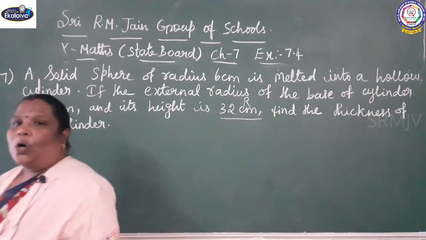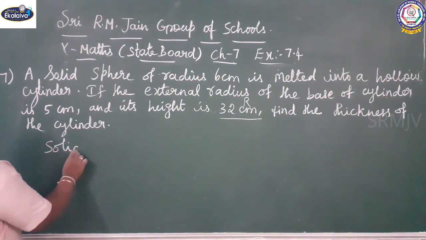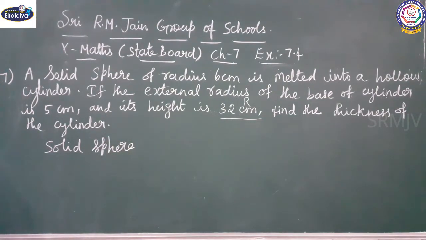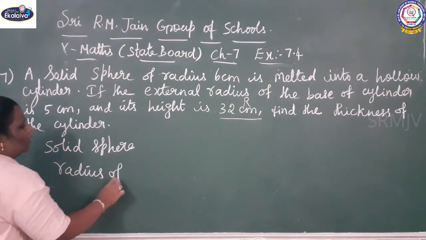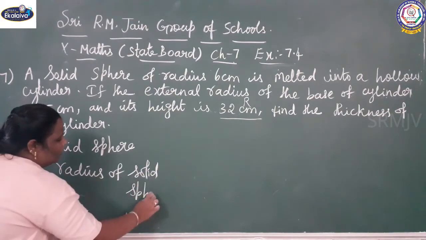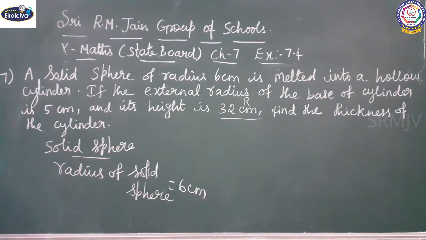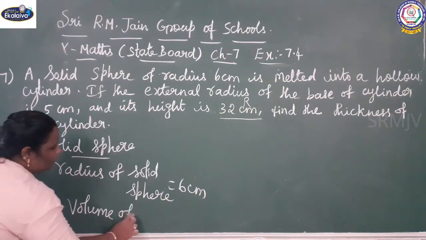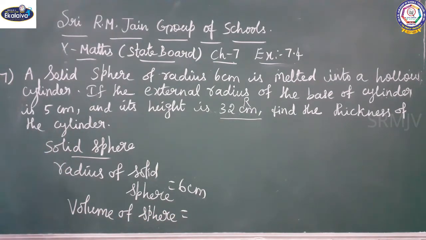See here, solid sphere. What is the radius of the solid sphere? Radius of solid sphere equal to 6 centimeter. Volume of sphere. What is the formula for volume of sphere? 4 by 3 pi r cube.